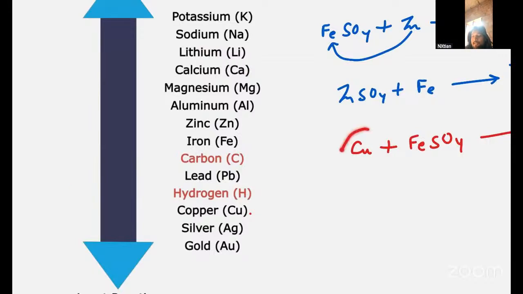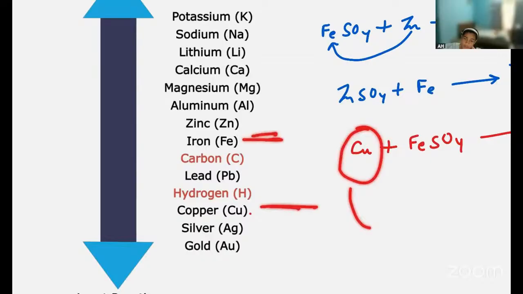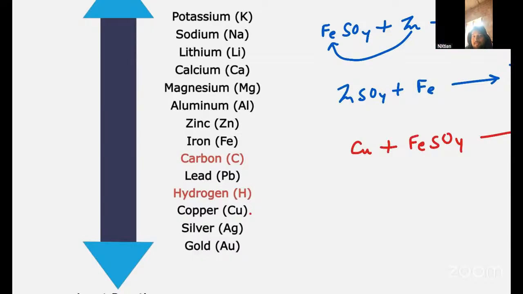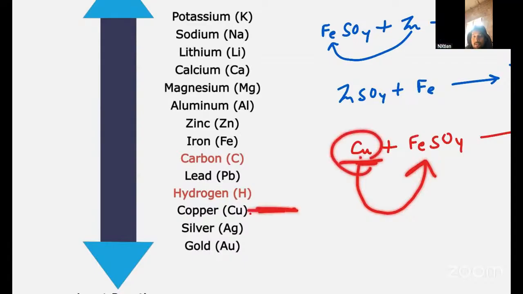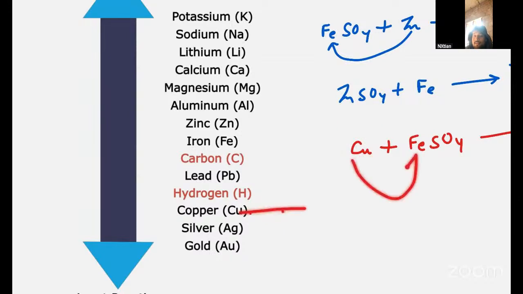Cu is less reactive. You can check that Cu is coming at the bottom of the table. So if it is less reactive, then Cu will not be able to remove Fe from its compound.